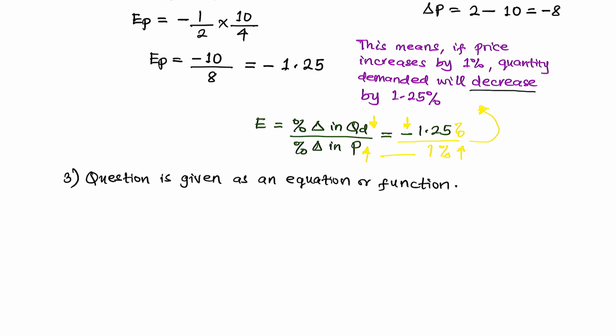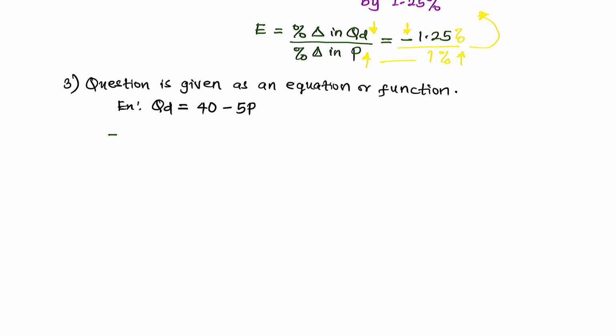For example, if the question gives quantity demand equals 40 minus 5p. This question is given in a function form. It is different from percentage. It is different from having a table or a graph. So how do we approach this question in this situation?